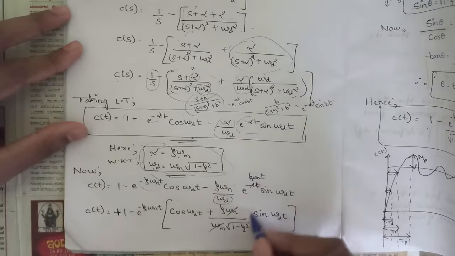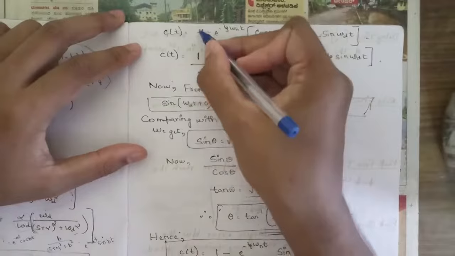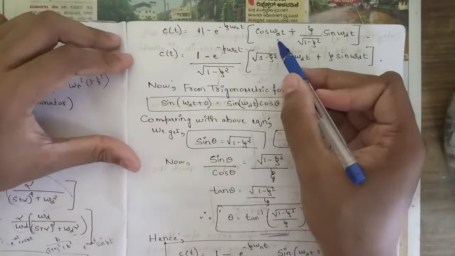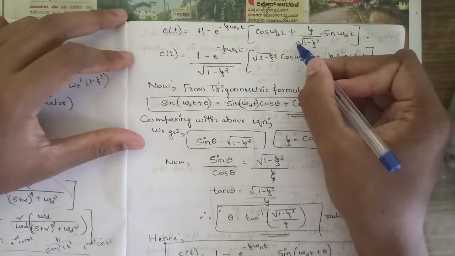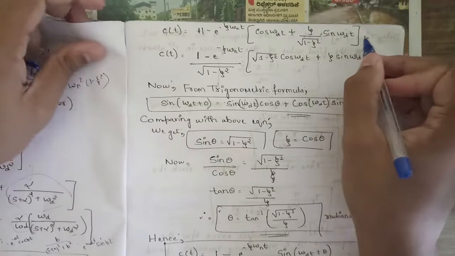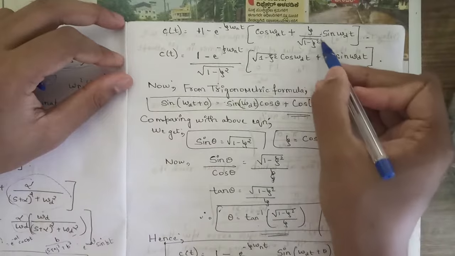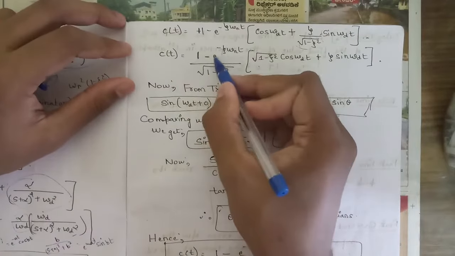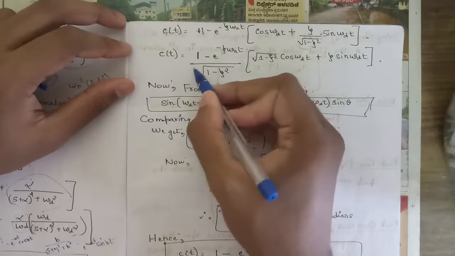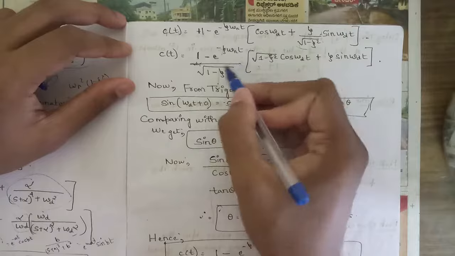Now what we need to do is, omega n and omega n would get cancelled. The remaining term is zeta divided by square root of 1 minus zeta square sin omega dt. So c of t is equal to, take this square root of 1 minus zeta square outside, so our answer is 1 minus e to the power minus zeta omega nt divided by square root of 1 minus zeta square.